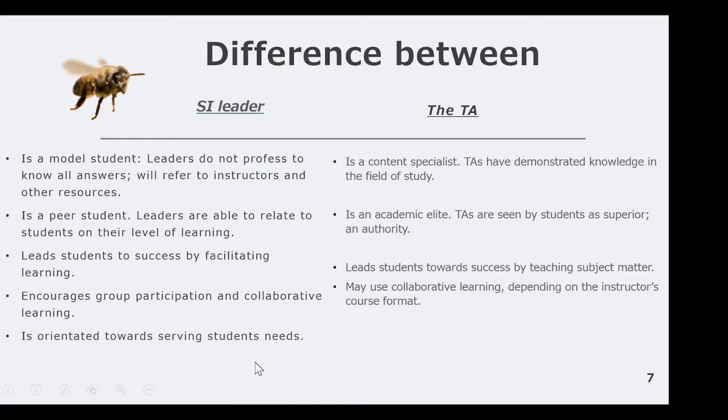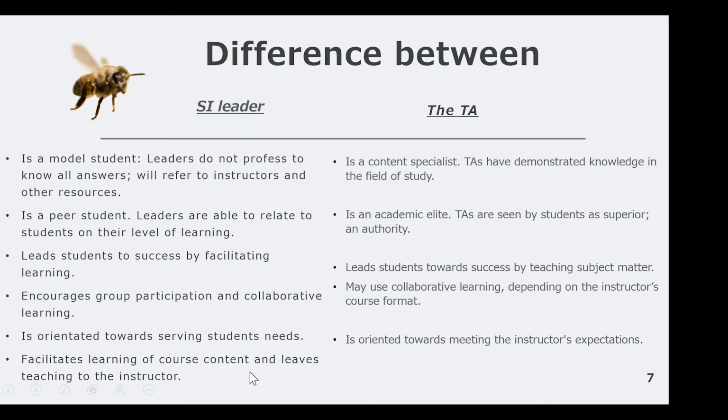An SI leader is oriented towards serving the students' needs, while the TA is oriented towards meeting the instructor's expectations. And finally, an SI leader facilitates learning of the course content and leaves teaching to the instructor, where a TA may re-lecture or present new materials in support of the instructor.